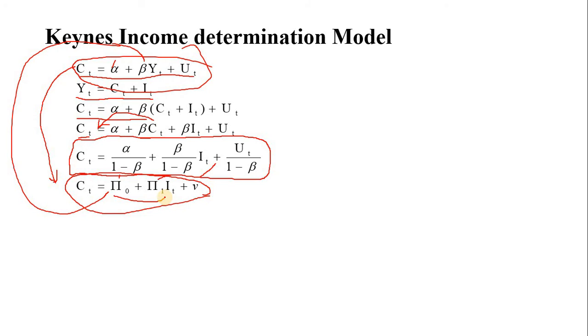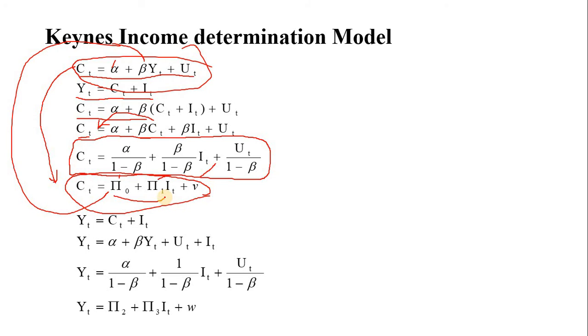Can we obtain the numerical value of alpha and beta from the numerical value of pi 0 and pi 1? Then the equation is identified. If it is not the case, then the equation is not identified. Let's check whether we can find out the structural parameters from the reduced form parameters.